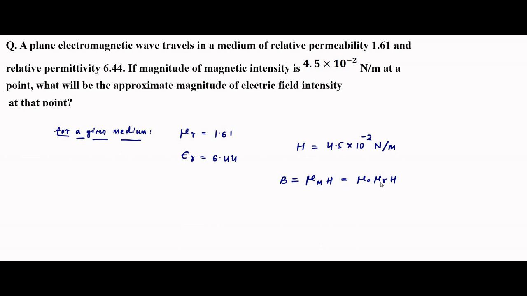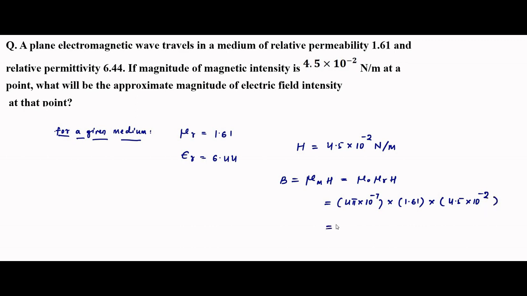Relative permeability is given, H is given, so the magnetic flux density at that particular point in the medium can be calculated, and that will be equal to 4 pi into 10 to the power minus 7 into 1.61 into 4.5 into 10 to the power minus 2.